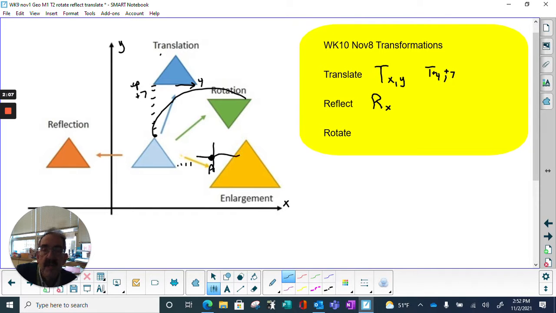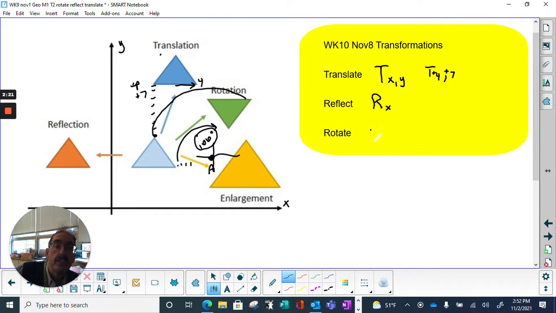We rotate from here, about 100 degrees. Let's just assume 100 degrees for this rotation. Now we write capital R, just like before, about point A, a certain number of degrees.